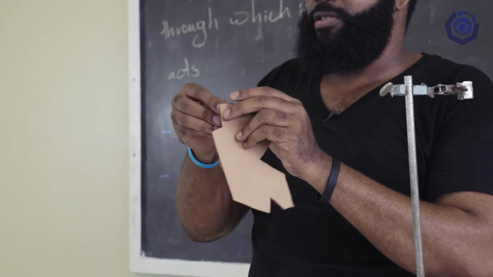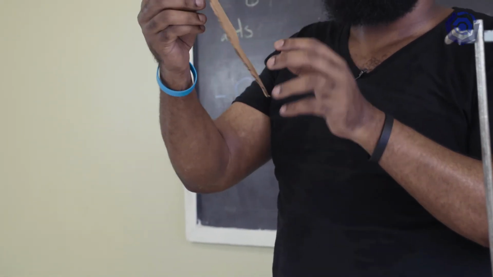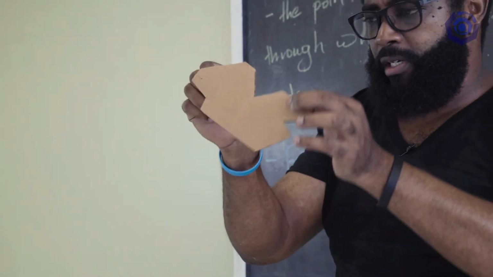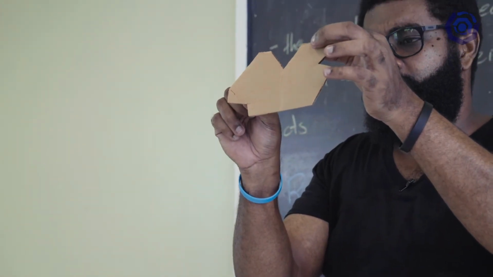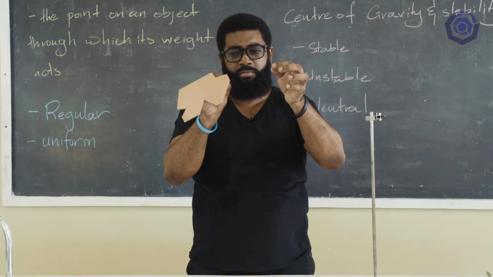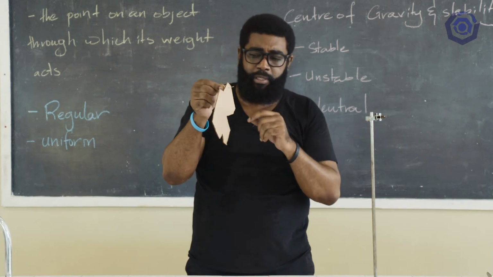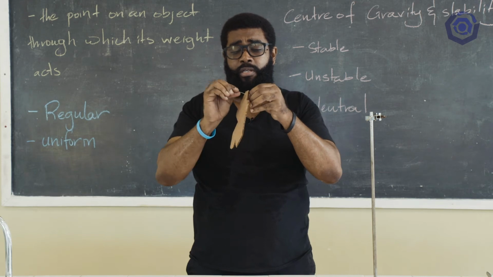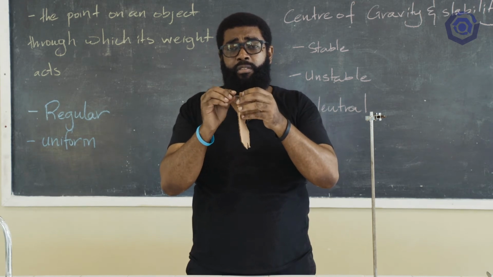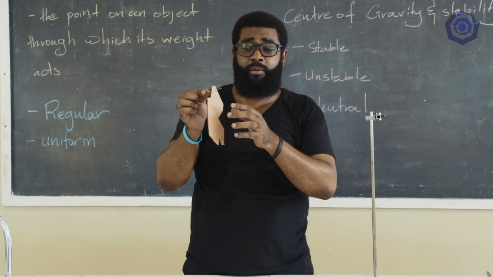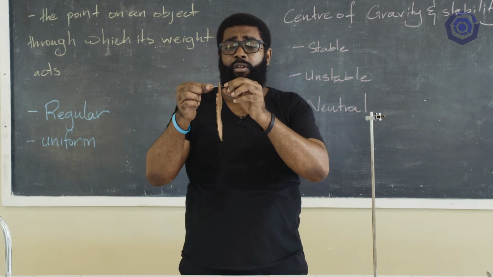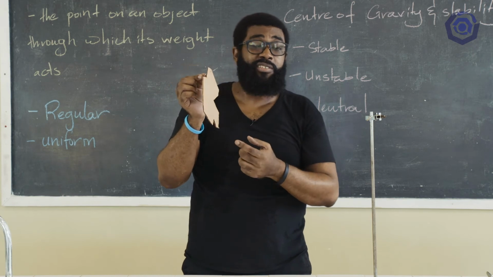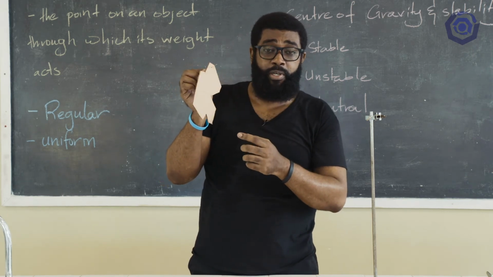Good. So I have a hole and I have my very irregular shape. Now if I try holding the shape like this and I let it go, it rotates freely about my paper clip. If you suspend an object and that object can rotate freely about its point of suspension, you will find that when it comes to rest, its center of gravity is directly below the point of suspension.